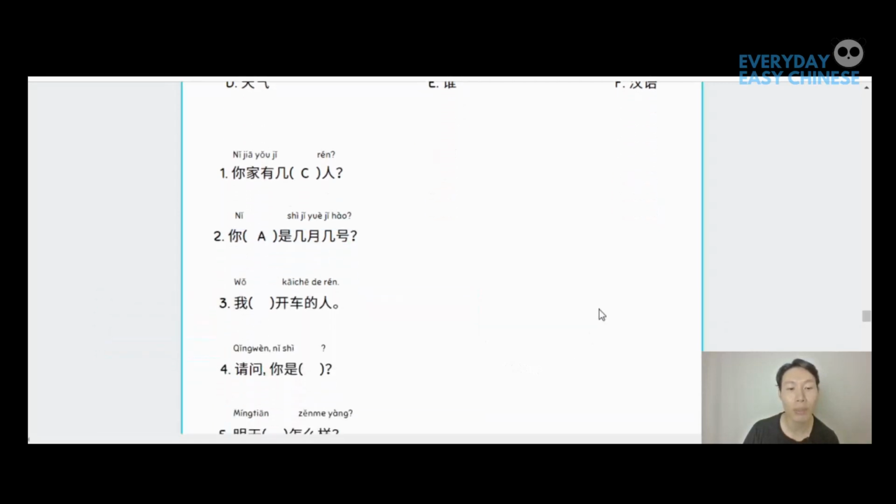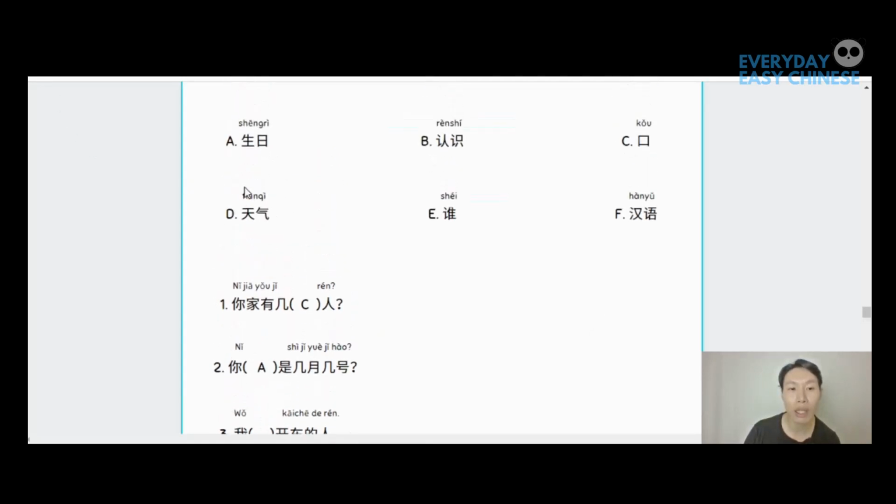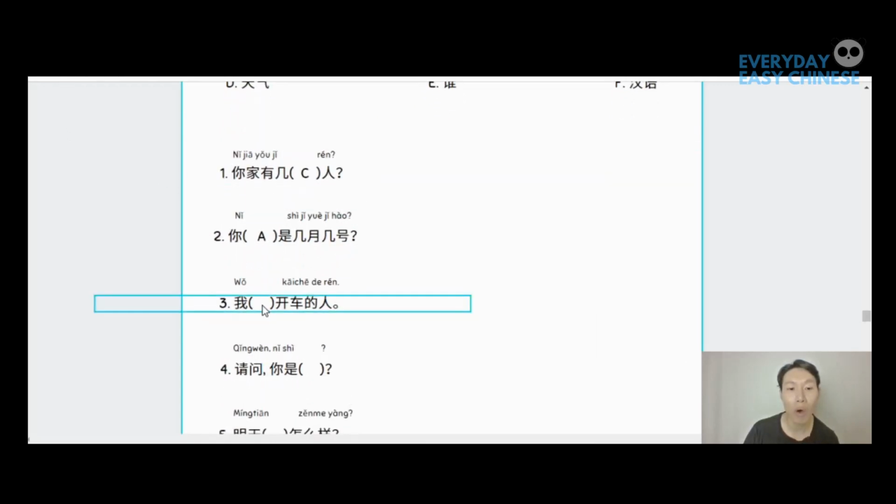Okay, moving on to number 3. 我开车的人. 我 means I. 开车的人 means the person who's driving. So let's look at it. So we have B. 认识我认识开车的人. I recognize the person driving.